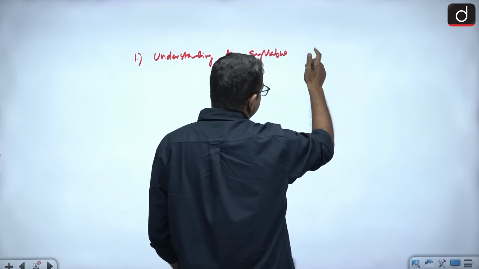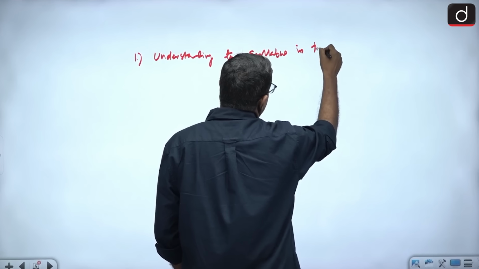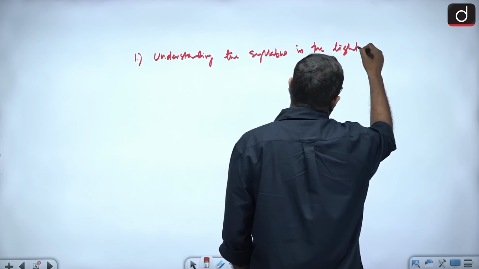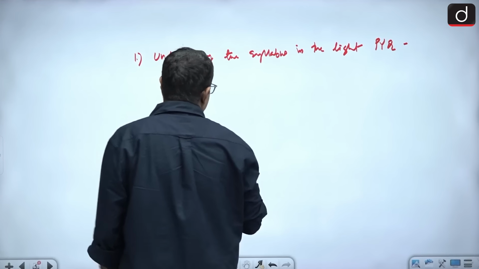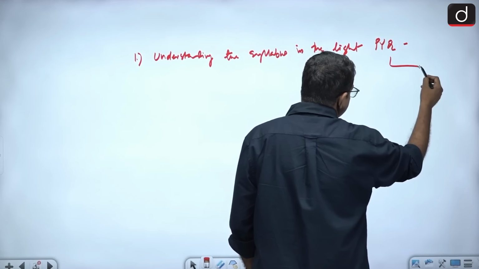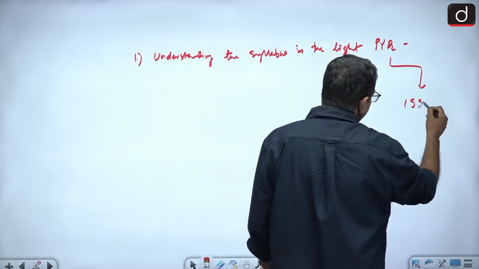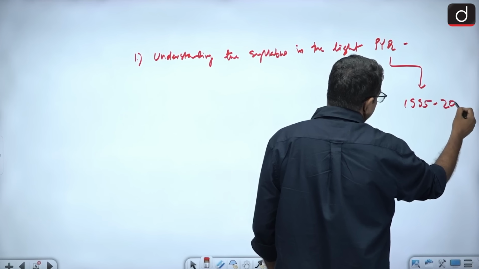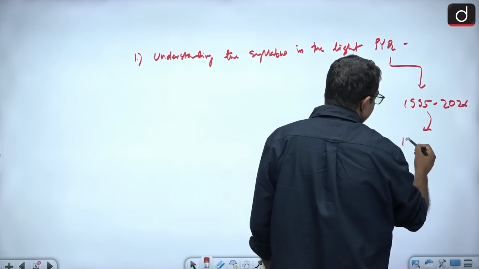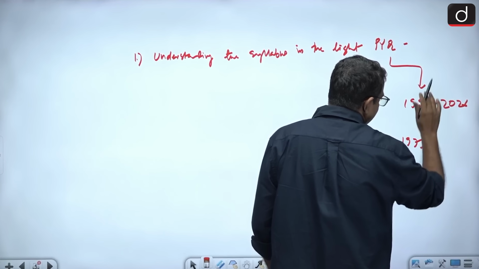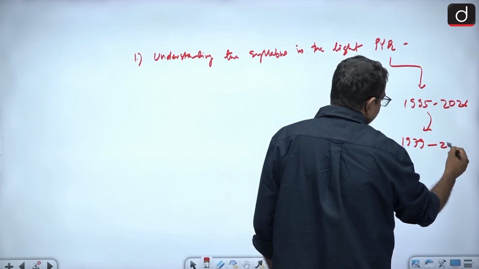The first thing the student should do is in the light of PYQ, previous year's papers. And when I say PYQ, especially in history, you should go back from 1995 to 2026. I consider from 1979. I have seen the questions from 1979 to 2026.